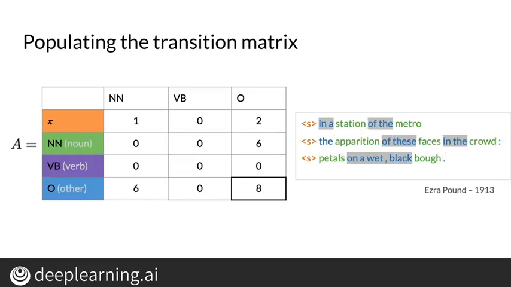And the last entry in the transition matrix, of an O tag following an O tag, has a count of 8. In the last line, you have to take into account the tagged words on, a, wet, comma, and comma back to calculate the correct count.